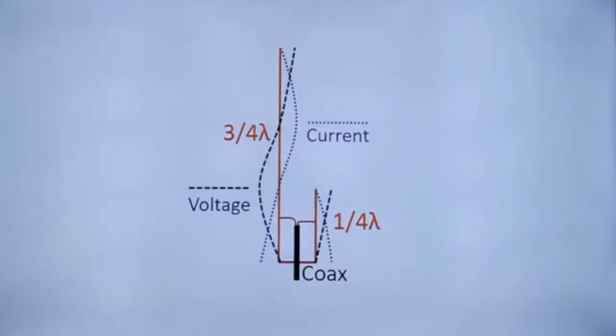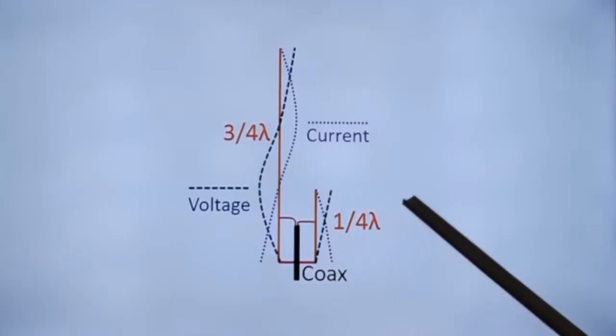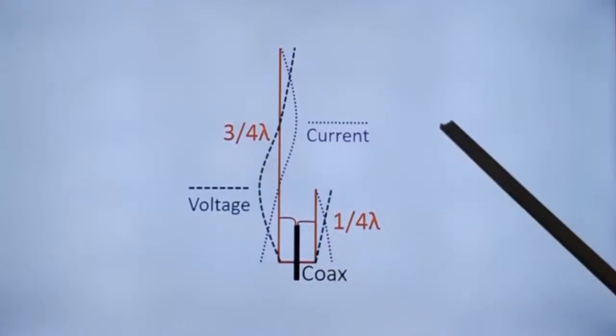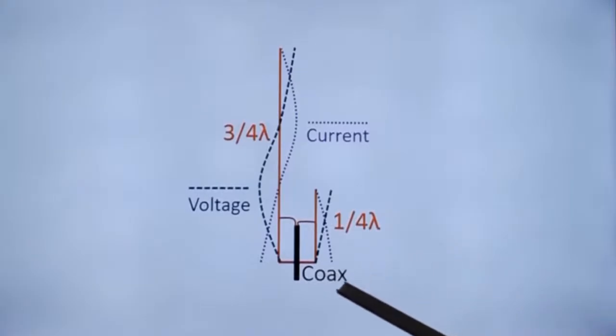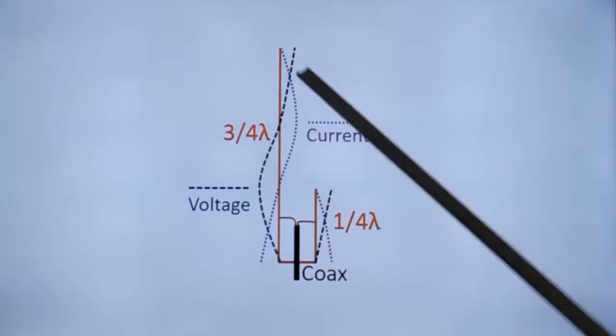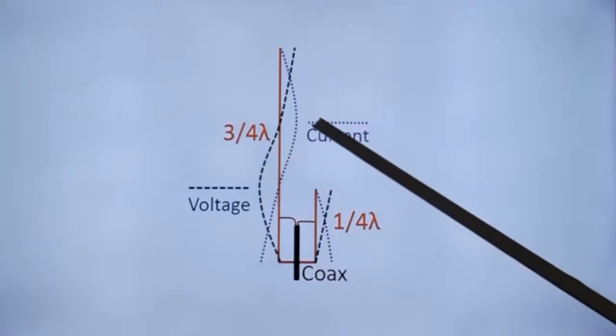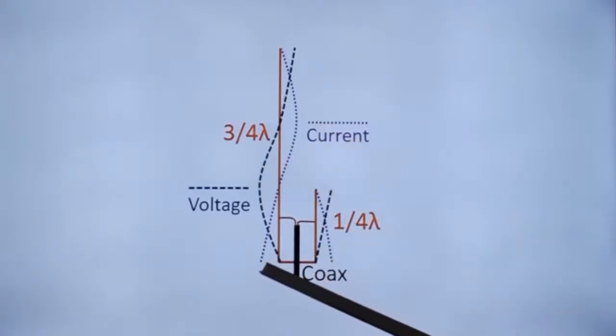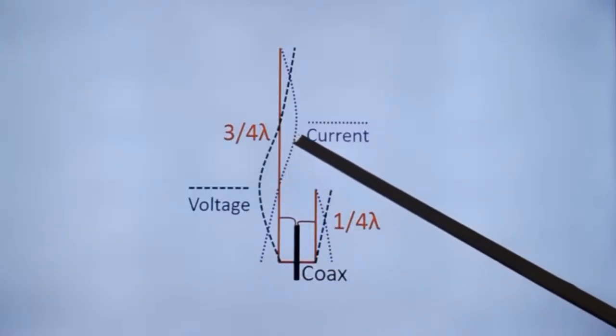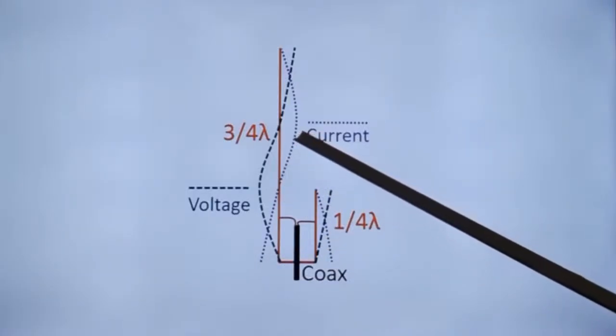This diagram shows the current and voltage pattern, that is the RF current, not DC current, RF current pattern in the stub and the other main segment of the antenna. You can see that the current is peaking at the lower end and also at the quarter wave region.